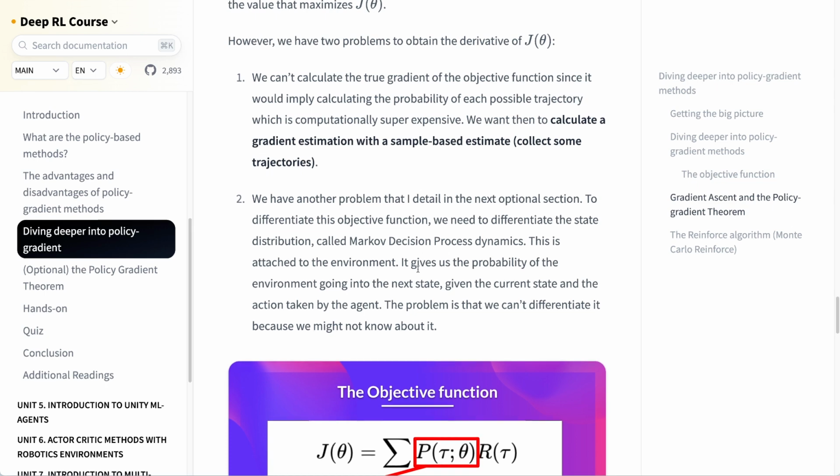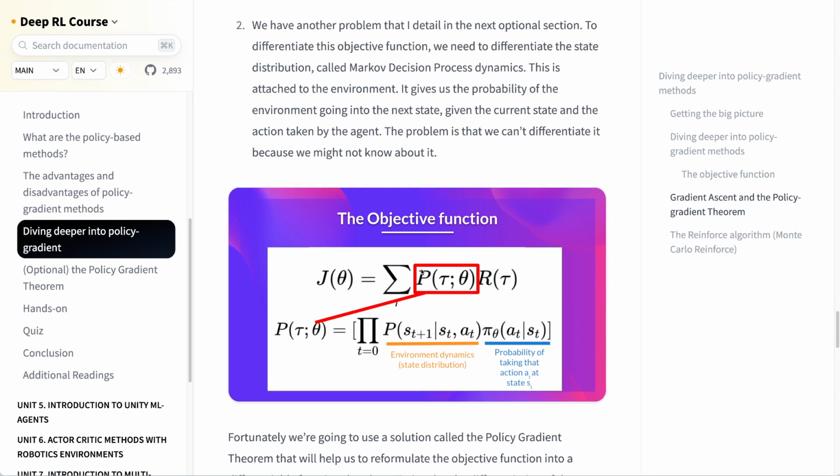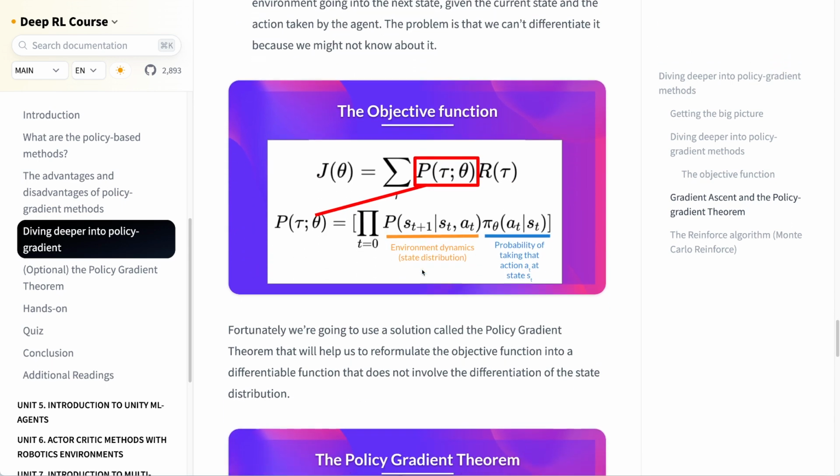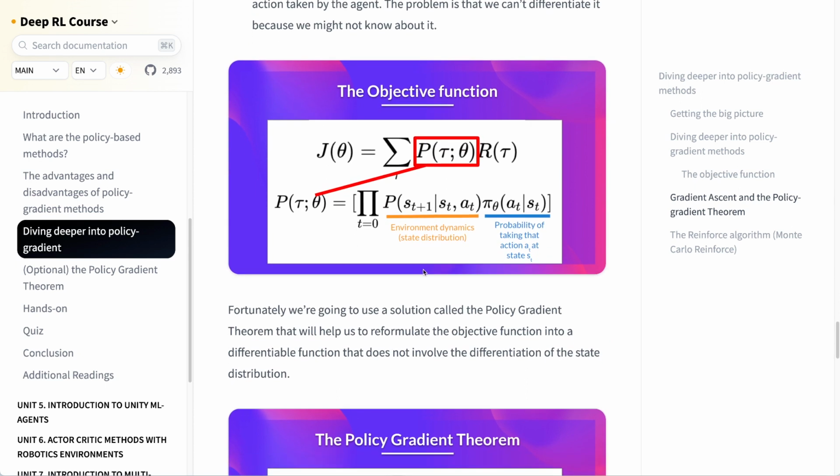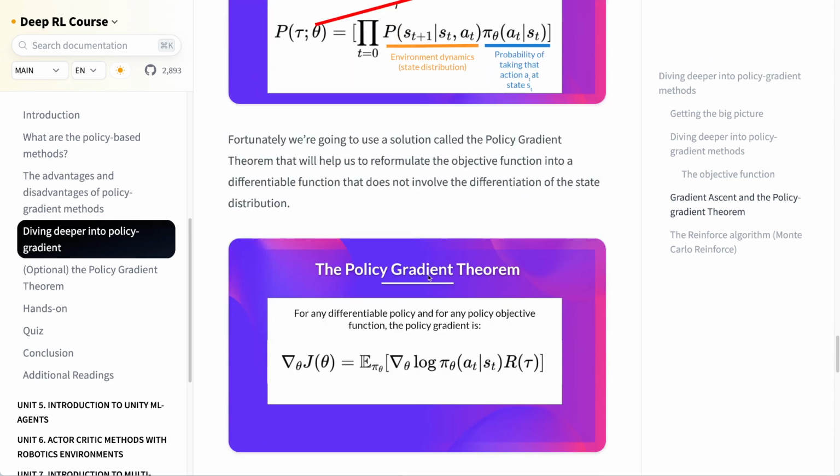Okay, I believe this is the same slide. Fortunately, we're going to use a solution called the policy gradient theorem that will help us to reformulate the objective function into a differentiable function that does not involve the differentiation of the state distribution. Okay, great, we have a fix.